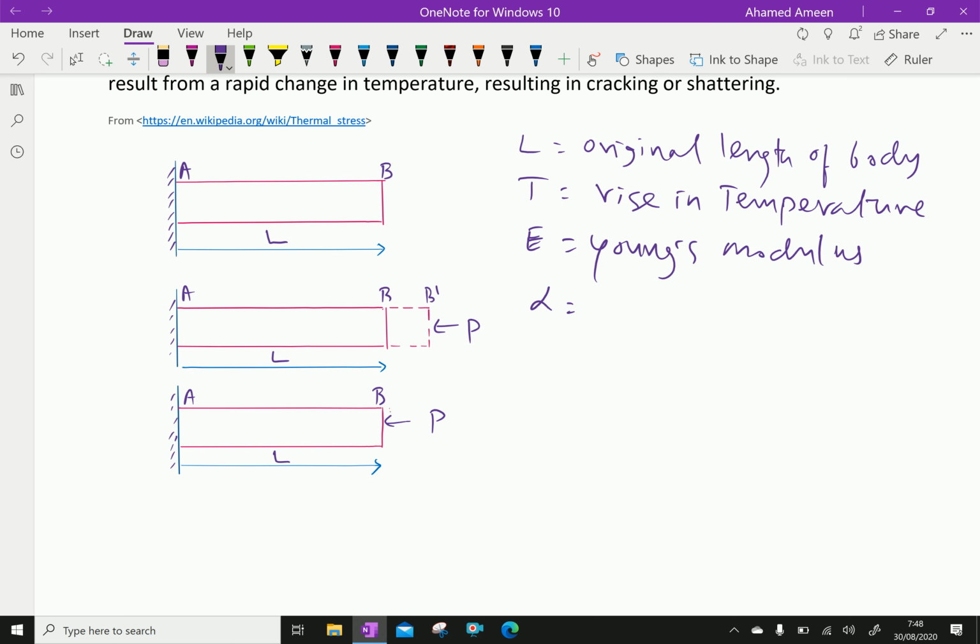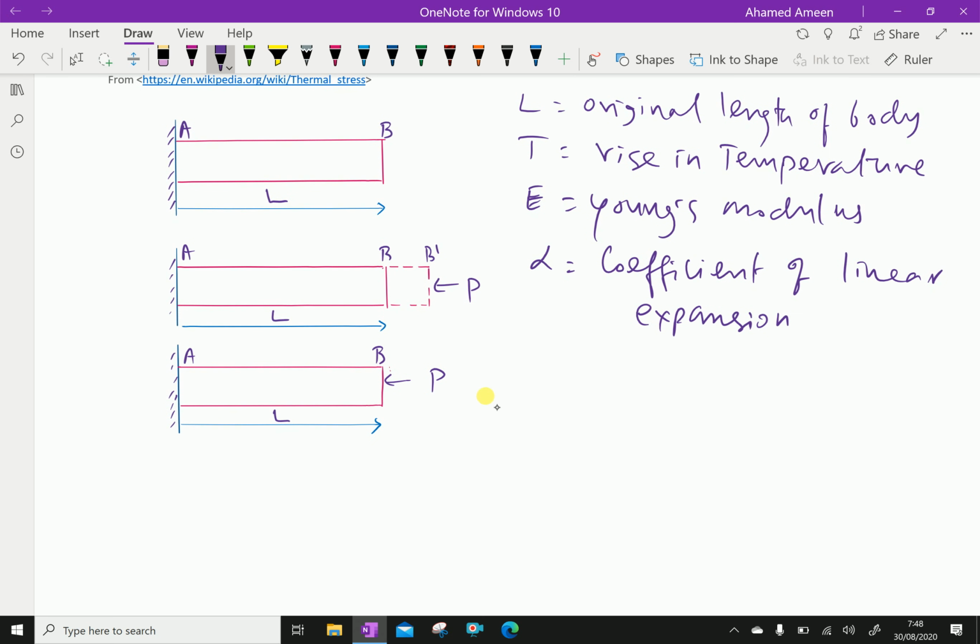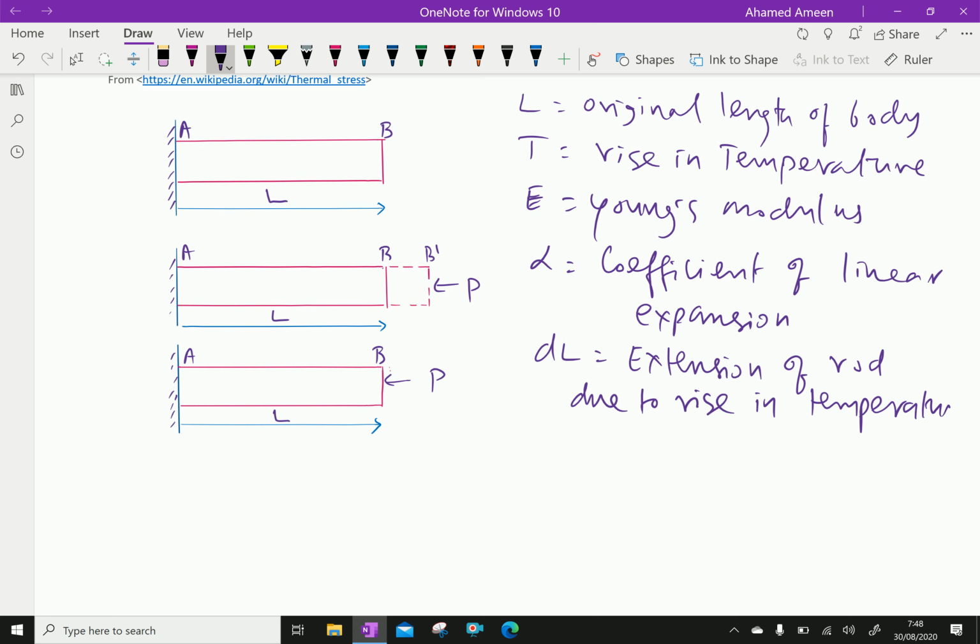Alpha equal the coefficient of linear expansion. Then delta L, that is dl, is the extension of the rod due to rise in temperature.